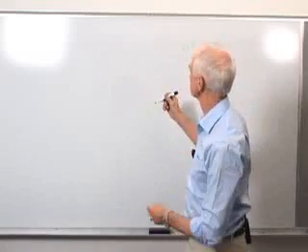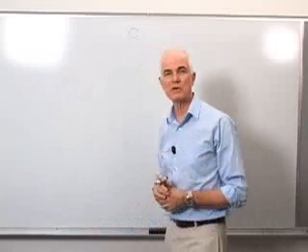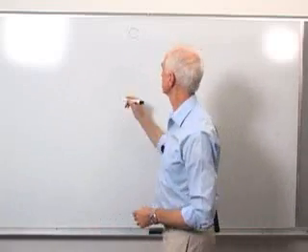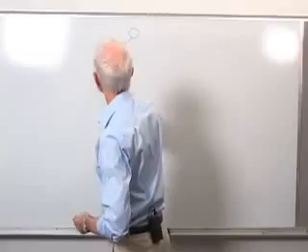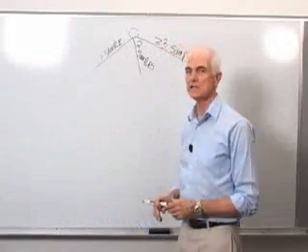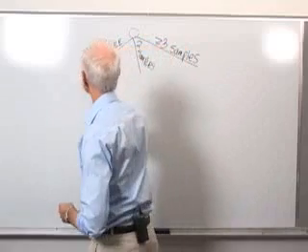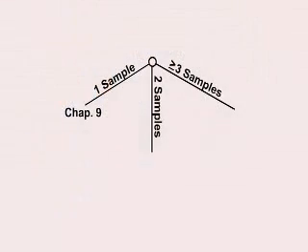In testing hypotheses in this particular course, we want to first focus on how many samples are we taking. The possibilities are 1 sample, 2 samples, or greater than or equal to 3 samples. The 1 sample hypothesis testing techniques are presented in Chapter 9.